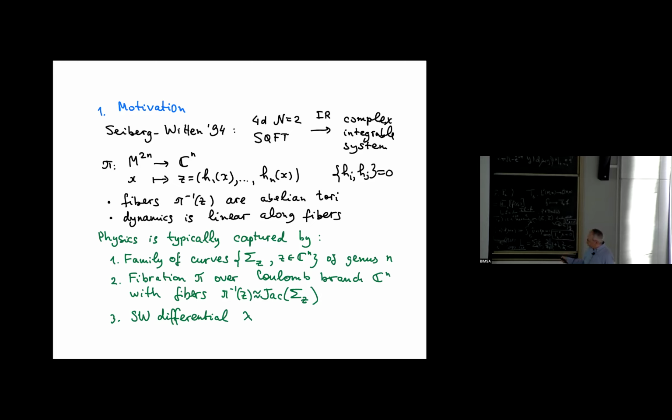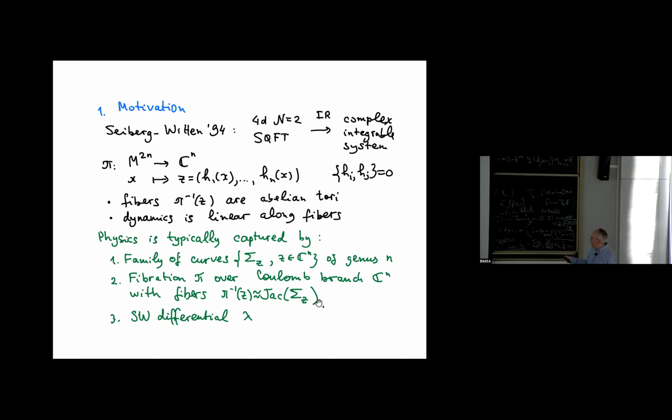And then important physics information is captured by what you typically have in addition, which is the following ingredients. You have actually a family of curves parameterized by the same parameter z. So this is an n-parametric family of curves. You want them to have genus n, and then the fibration, in good circumstances, has fibers which are Jacobians of these curves.